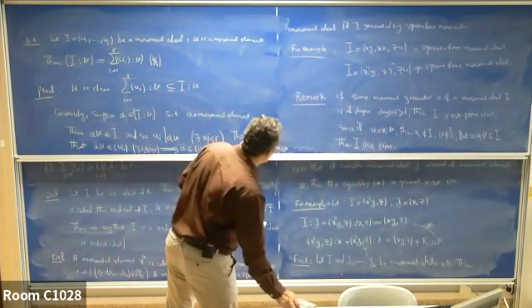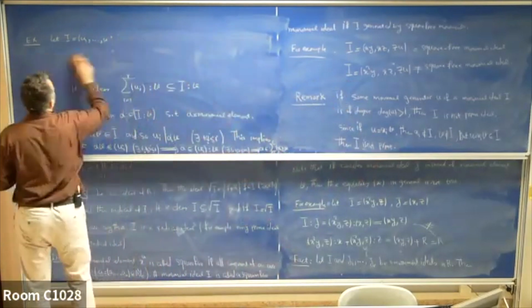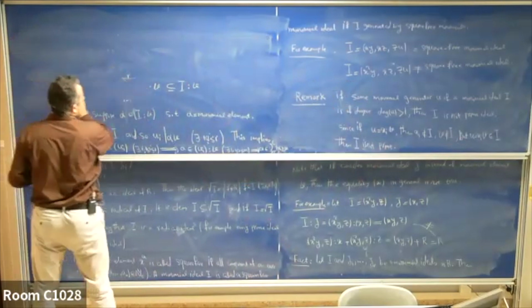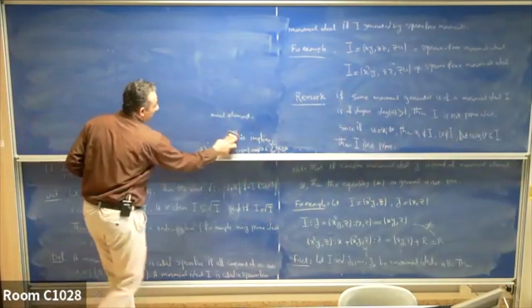This tells us that every monomial prime ideal of R is generated by elements of degree 1.